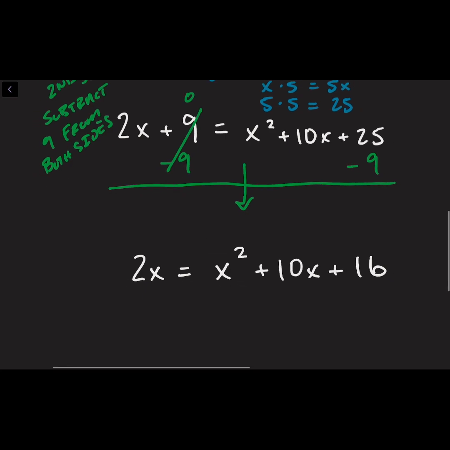We still got to get rid of this 2x, so we're going to our third step. The third step is to subtract 2x from both sides. We want this equation, x squared plus 10x plus 16, to equal 0.